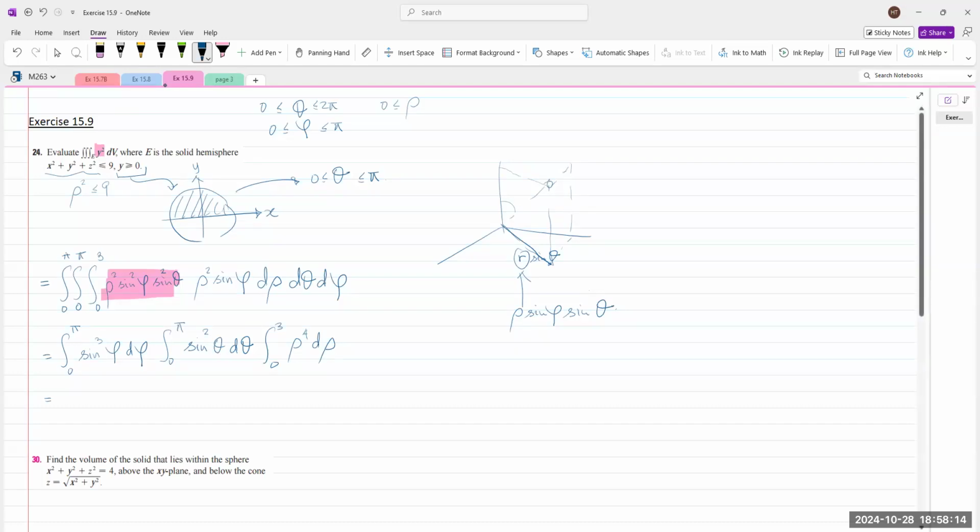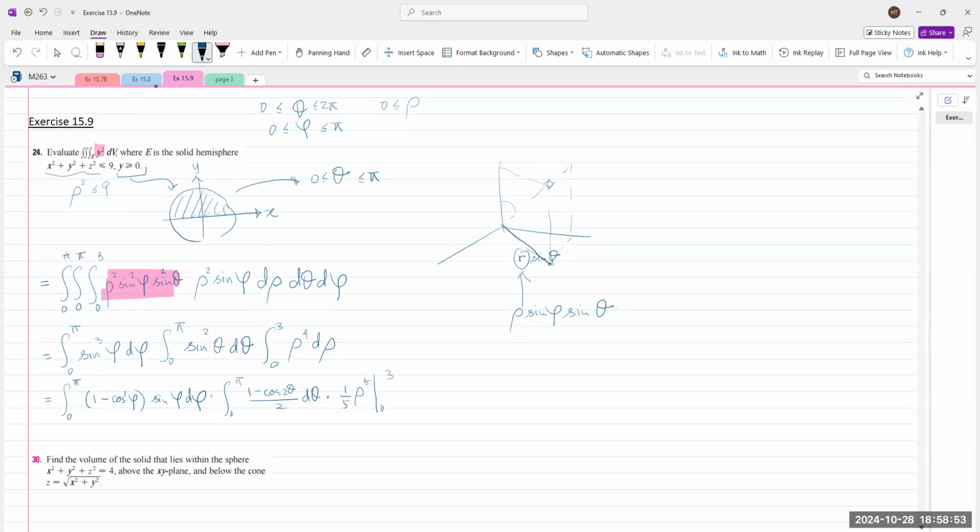Okay, the first integral, that's 1 minus cosine squared phi, right? That's sine squared phi, sine phi d phi. Integral 0 to pi of (1 minus cosine 2 theta) over 2 d theta, and the last one is 1/5 rho to the 5th from 0 to 3.